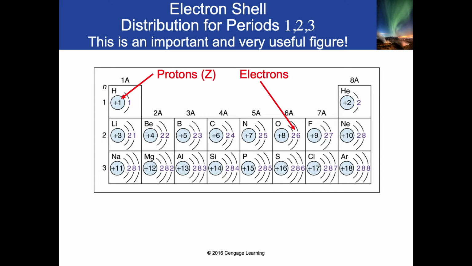The n equals number: n equals 1 means there's one shell, n equals 2 means two shells, n equals 3 means three shells, and so on. Everything on the top row has one shell, everything on the second row has two shells, everything on the third row has three shells, right?